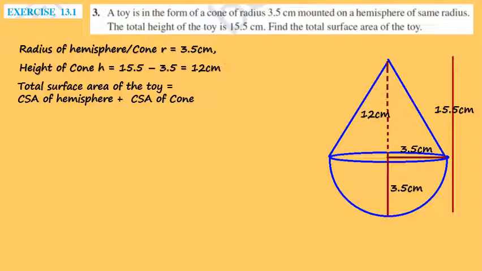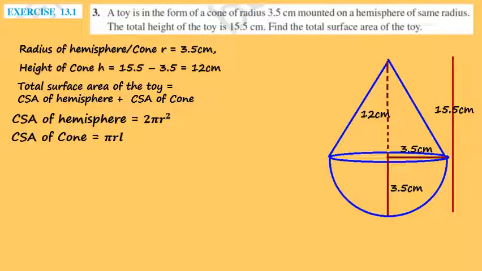Now total surface area of the toy, of course it will be the CSA of hemisphere plus CSA of cone. So just apply the formula. CSA of a hemisphere is 2 pi r square and CSA for cone is pi r L. So here we know r, but we don't know the L. L means the slant height of the cone.